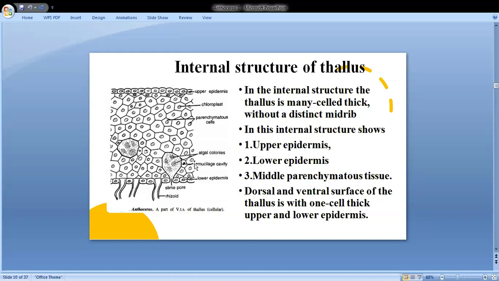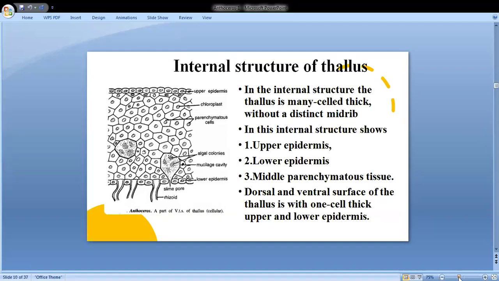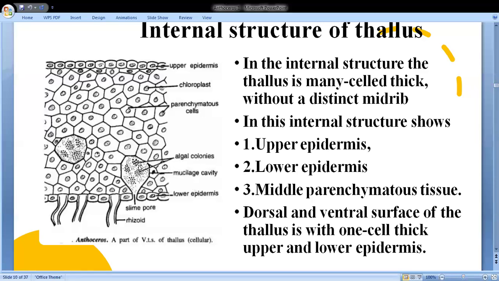See here in this diagram, in the middle parenchymatous tissue, these are the mucilage cavities with algal colonies. At the center of the middle parenchymatous tissue, we observe mucilaginous cavities filled with algal colonies, that is Nostoc and Anabaena. So that is a symbiotic association. Okay, did you understand?